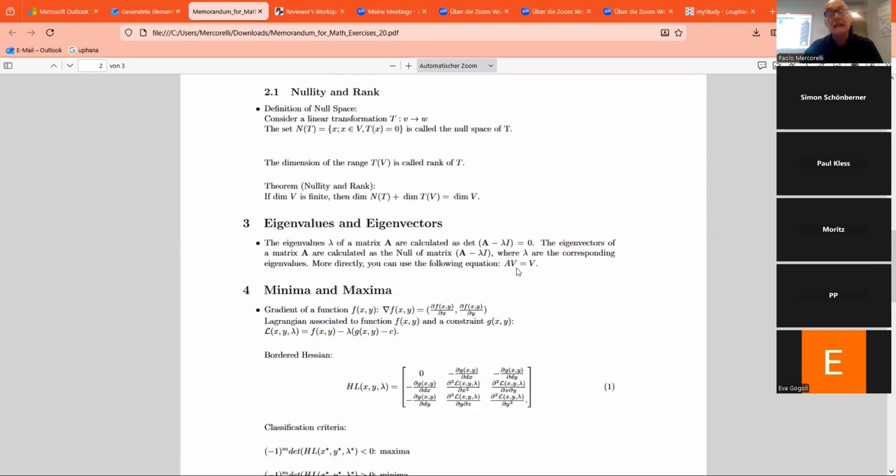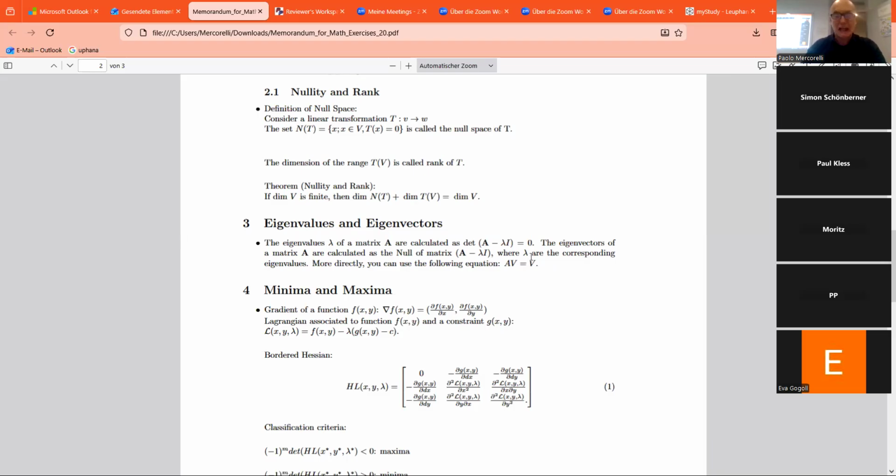It could be that I will send it again to Rainer. I don't know if this remains in LaTeX. Here should be lambda, right? A V equals lambda V. Yeah, it would be better if I redo it and send it to Rainer, because there is an error here.